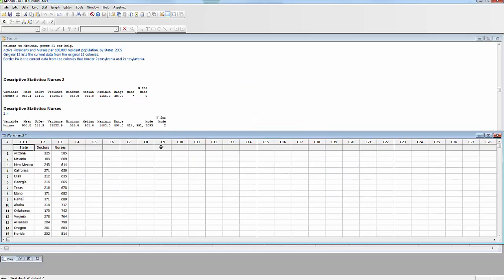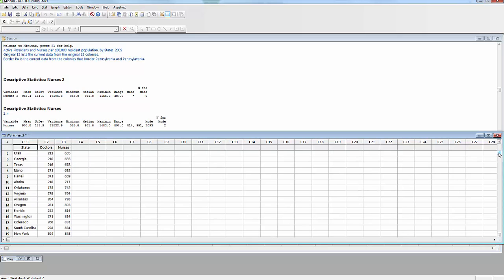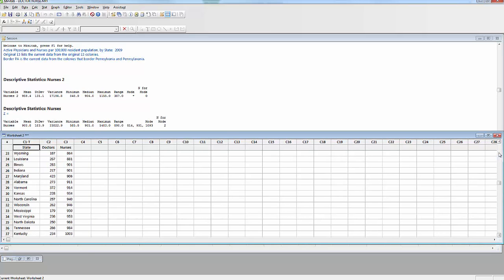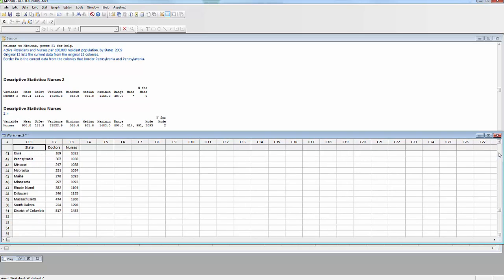Okay. And in my new worksheet, I now have, instead of having the states alphabetical, the nurses from the smallest up to the greatest. So I'm going to scroll through them. And here I have the largest amount of nurses per 100,000 people.